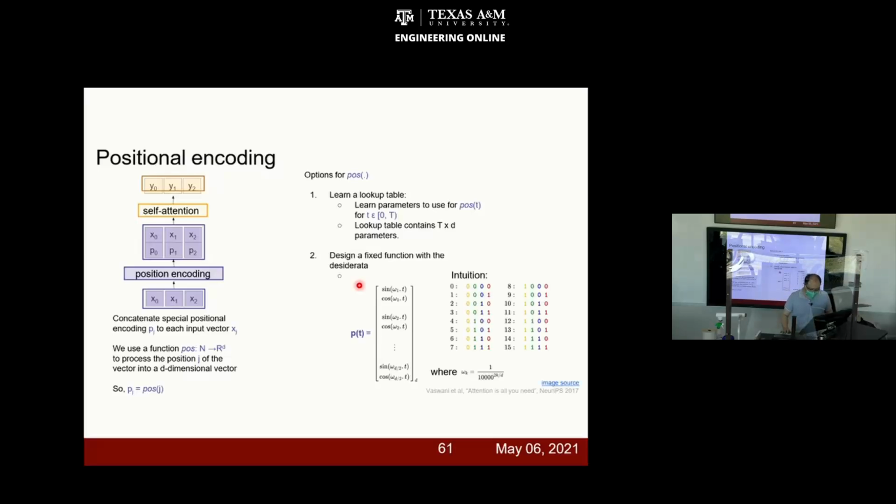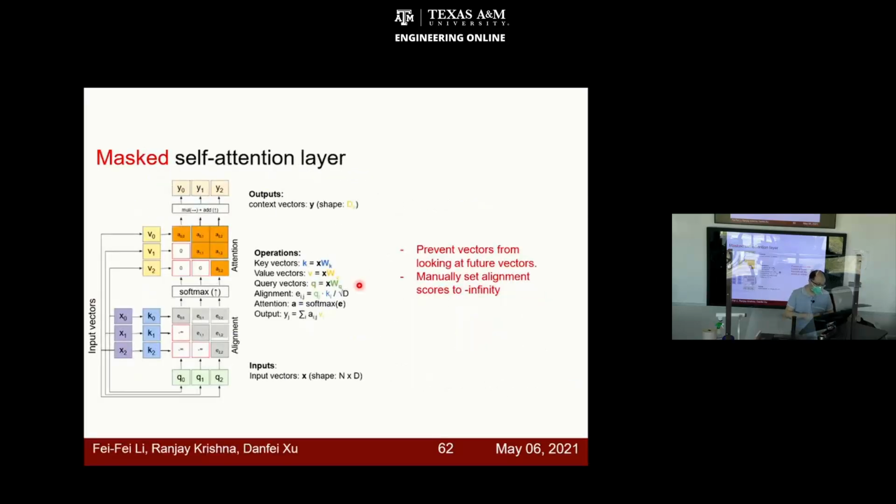Okay, so that's one thing. And this is the positional encoding. And another thing of a generalization is the masked self-attention layer. So that's something also related to the fact that we lost the order.